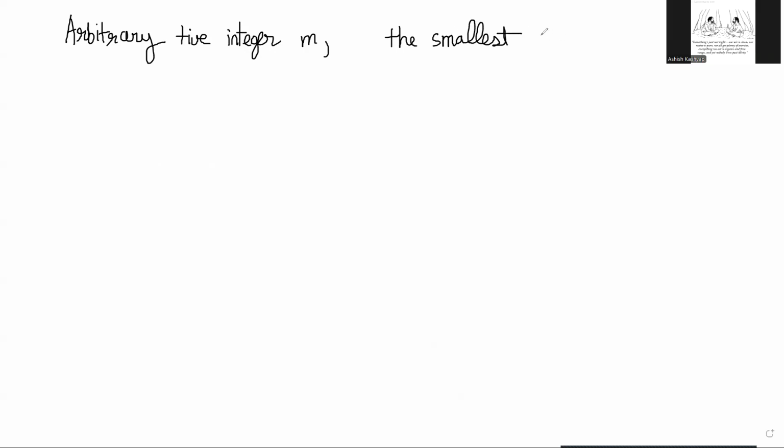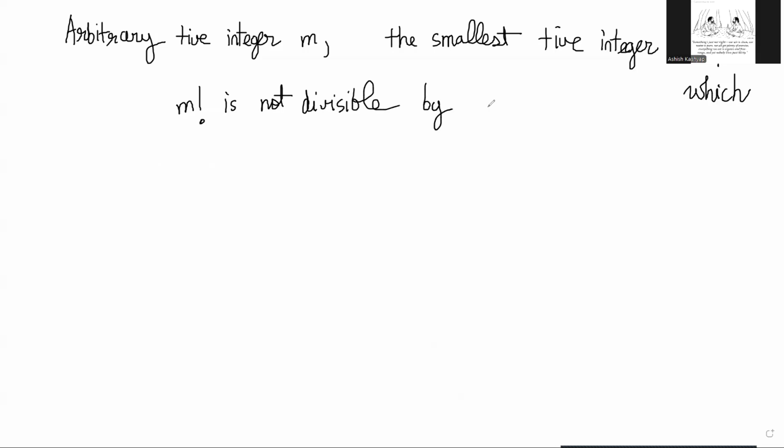There is nothing special about the number 2008 here. So we can say for an arbitrary positive integer m, the smallest positive integer n for which m factorial is not divisible by n power n, right?